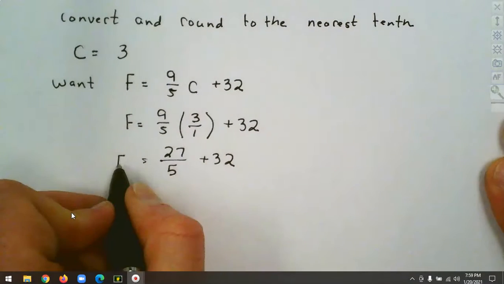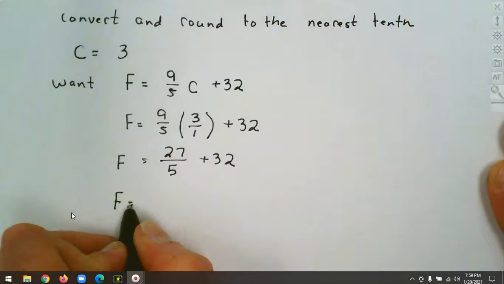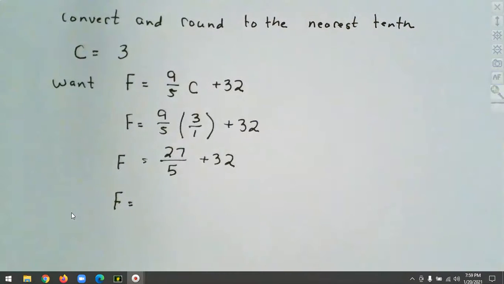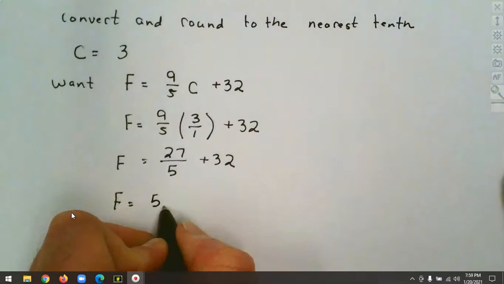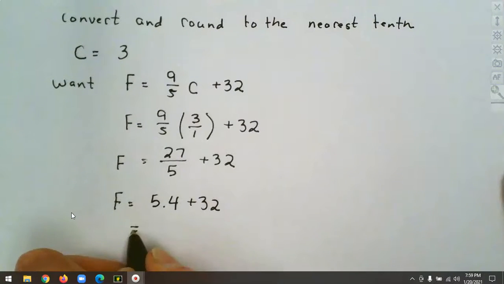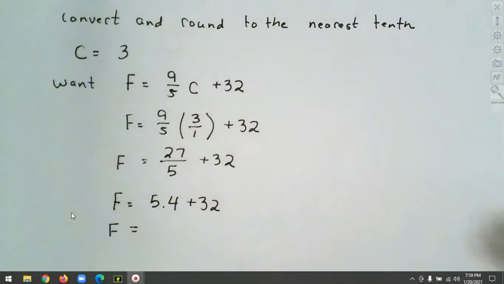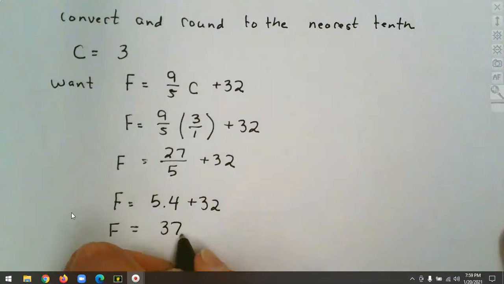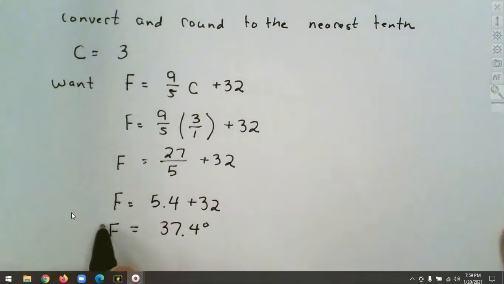And that's still our F there. So when we divide through, we've got 27 divided by 5. That's 5.4 plus 32. Adding them together, we get our answer in terms of Fahrenheit, which is then 37.4 degrees.